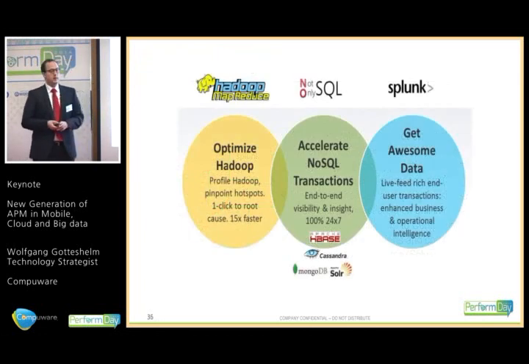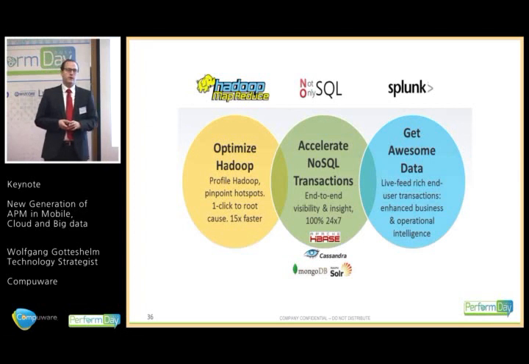So just to summarize, we can provide support for optimizing your Hadoop usage by profiling the jobs that you have running in there, making you aware of performance hotspots, pinpointing them, and allowing you to get to the root cause of performance issues. Then we help you with accelerating your NoSQL transactions by giving you end-to-end visibility into the data backends that you use.